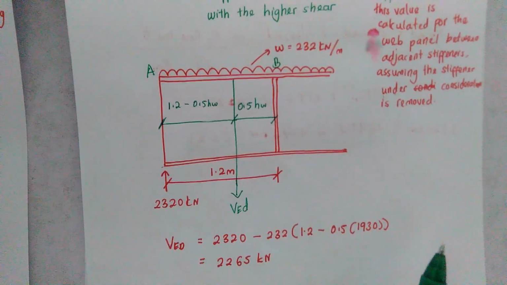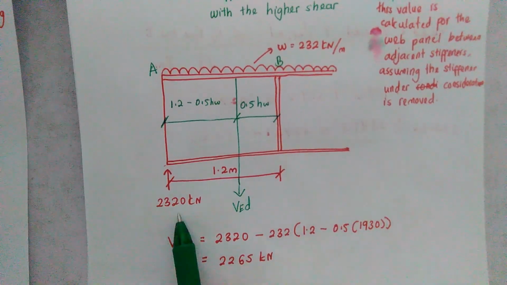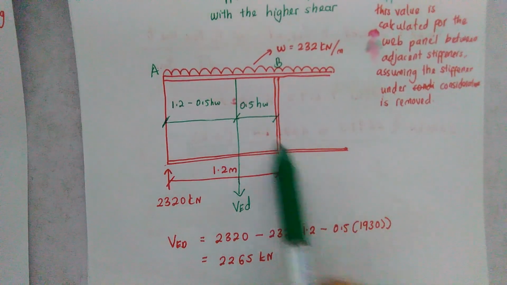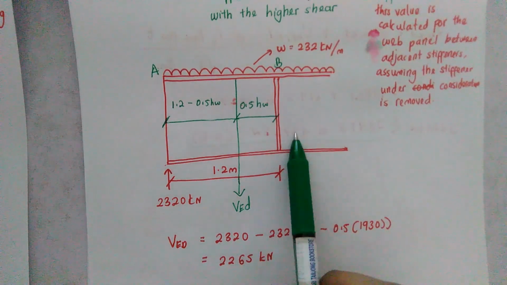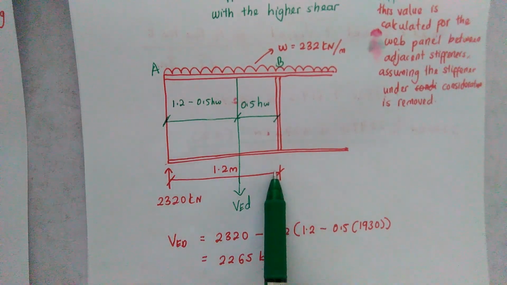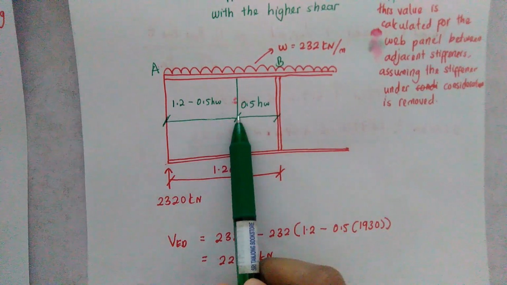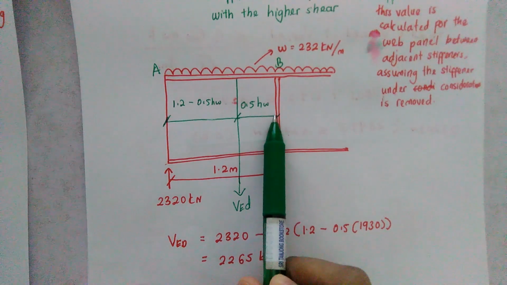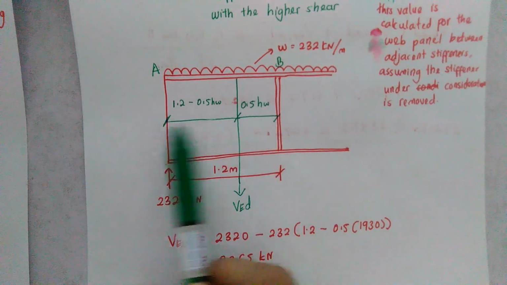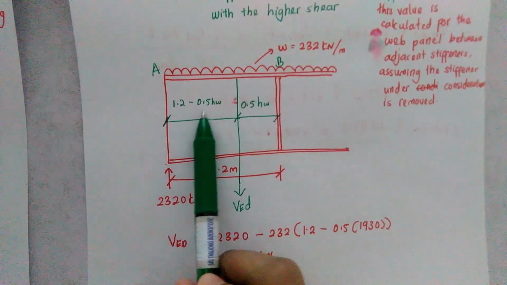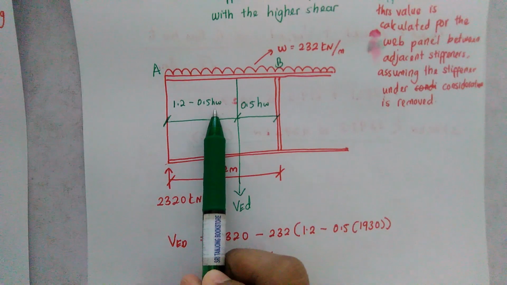For panel AB, where you are now designing the size of this transverse web stiffener, the shear force is 2320 kilonewton and the length is 1.2 meter. Because we need to measure 0.5 hw from the transverse web stiffener, the remaining length from the 2320 is 1.2 minus 0.5 hw.